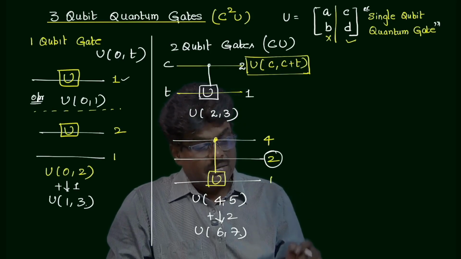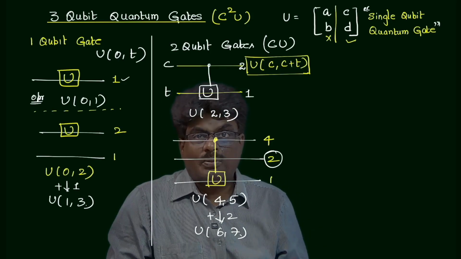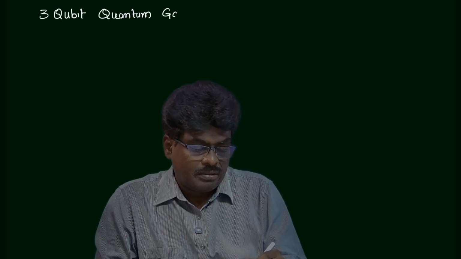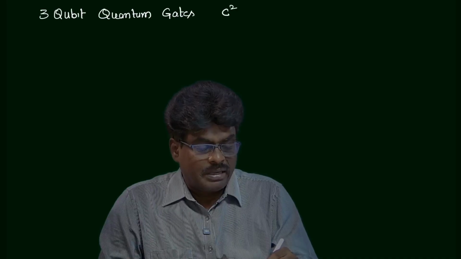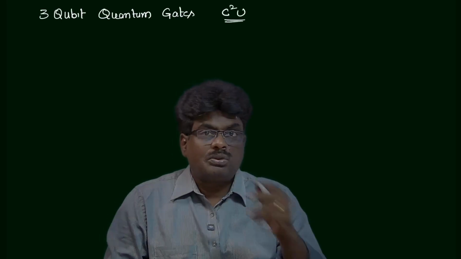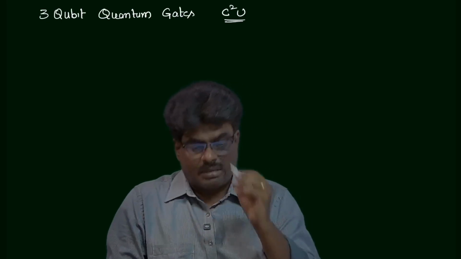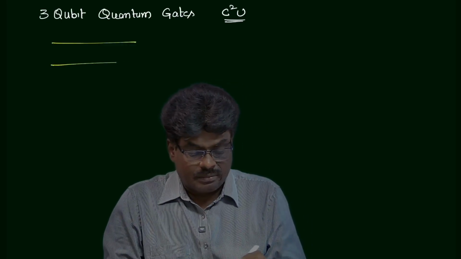Now let's discuss 3 qubit quantum gates. This is represented by C square U. That means two control bits are there and one target bit.